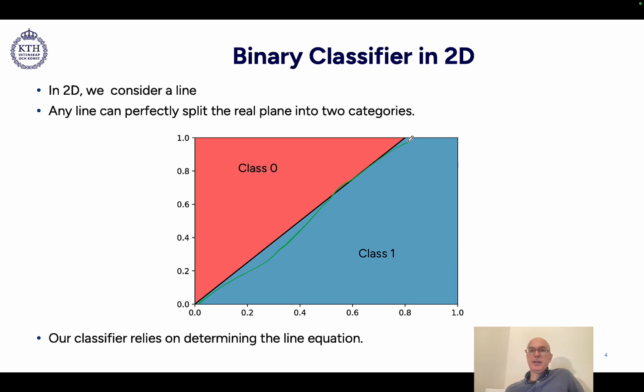Our training of the classifier relies on determining the line. So in 1D, we saw that we need to determine a scalar, our A. In 2D, let's say that we have two features, on the x-axis and the y-axis, and we assume the two classes are separable by a line, then our training relies on determining the equation for the line that separates these two classes as much as possible.